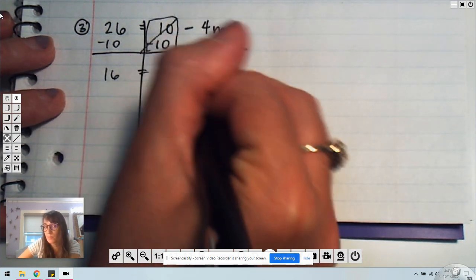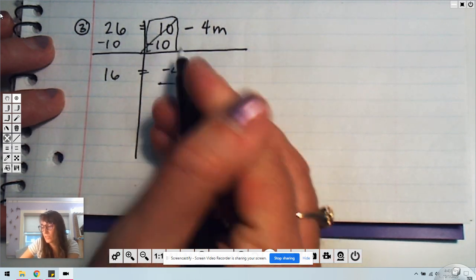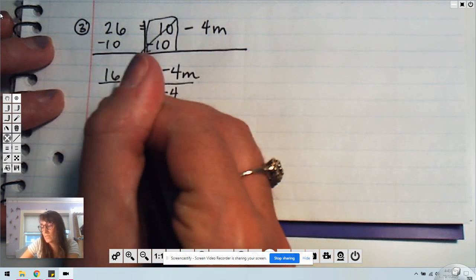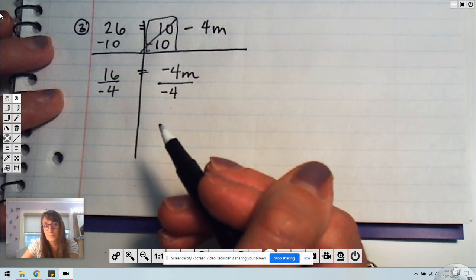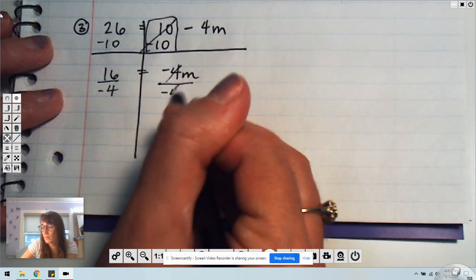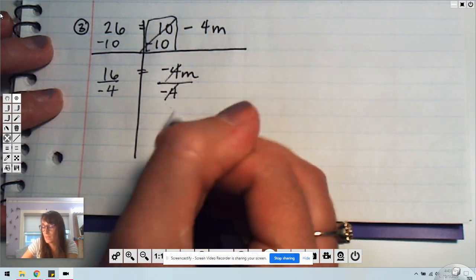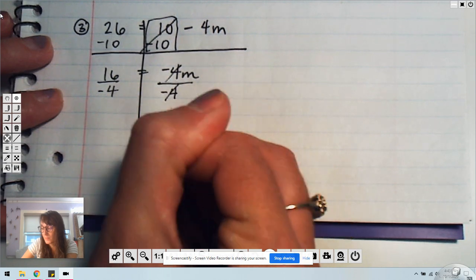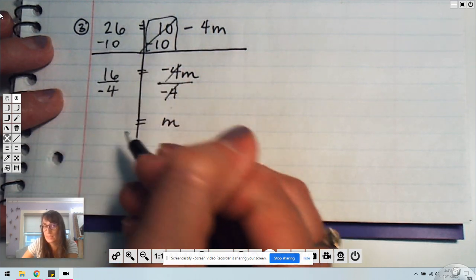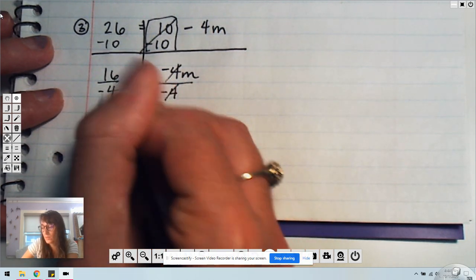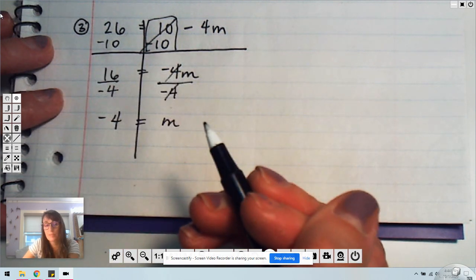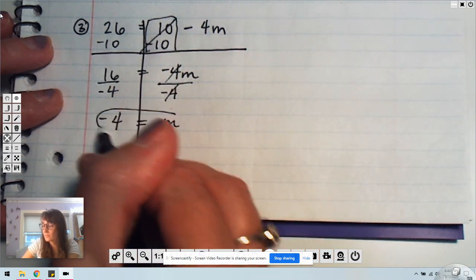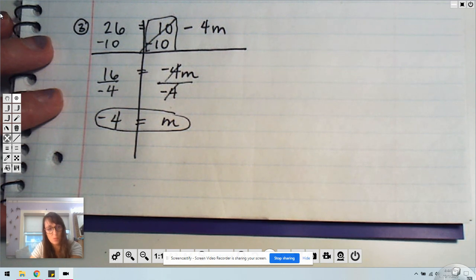The opposite of multiplication is division, so I'm going to divide both sides by negative 4. Negative 4 divided by negative 4, a negative divided by a negative is a positive. 16 divided by 4 is 4. A positive divided by a negative is a negative. Negative 4 is my final answer.